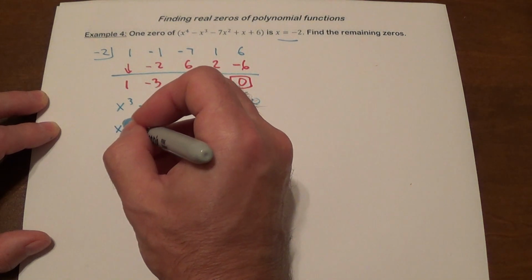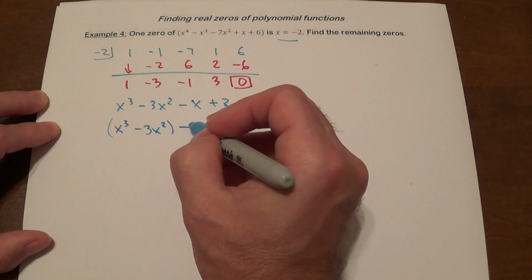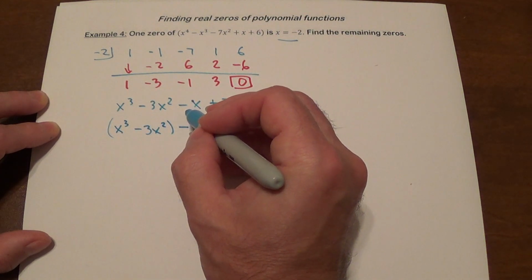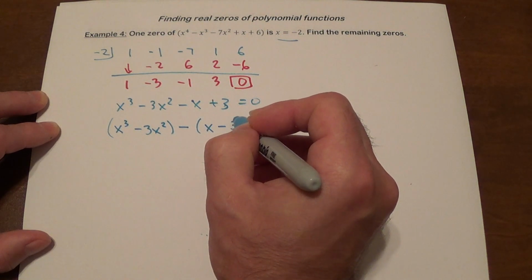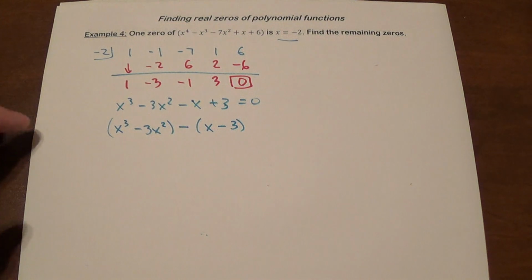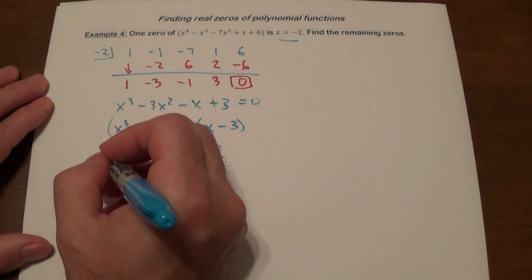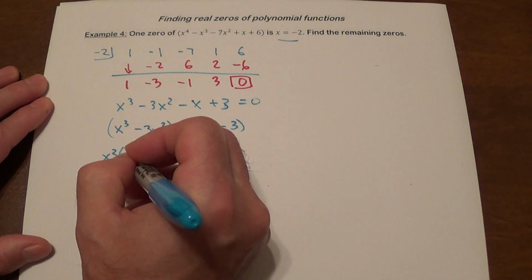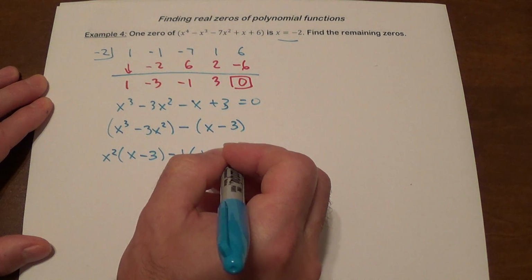So we're going to have x cubed minus 3x squared together, and then minus, and then we're going to factor out negative 1. Be careful here. It's going to leave you with x minus 3. So we're just factoring this. In the first set of parentheses you can factor out x squared, which gives you x minus 3. And here we factor out 1, which gives us x minus 3.